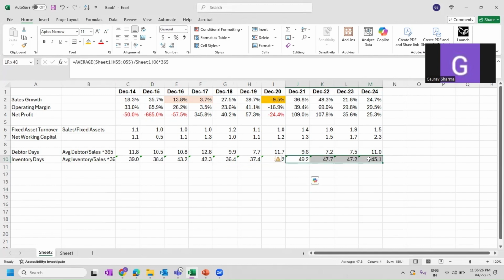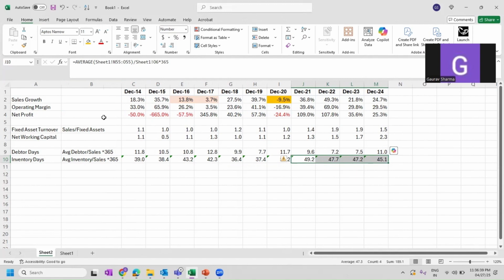I'm gradually, very slowly decreasing this number, but this should be decreasing at a much faster rate. Okay, so average inventory divided by sales into 365 is the formula for inventory days. It denotes the average number of days your inventory takes to get sold in the market.